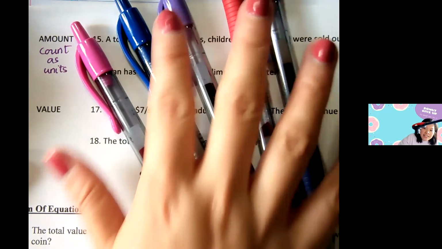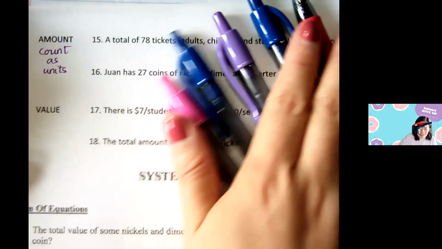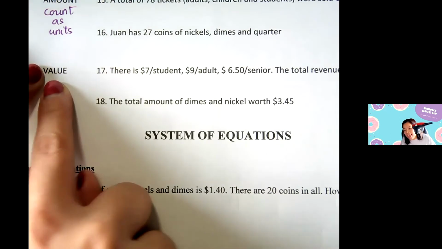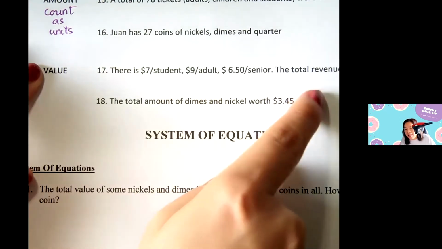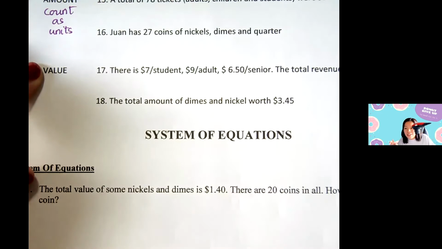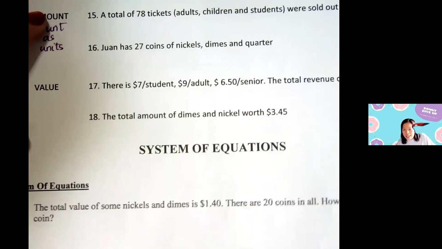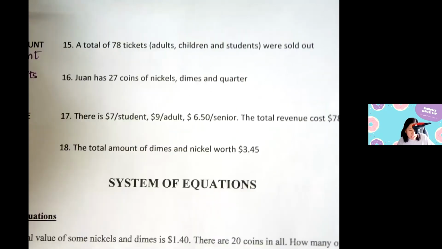These are called the amount. And whenever you're talking about value, usually you're talking about money, that's how much you multiply with to get the total money. Okay, so let us take a look.